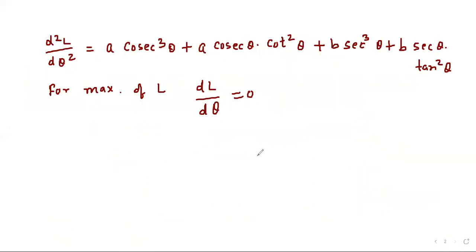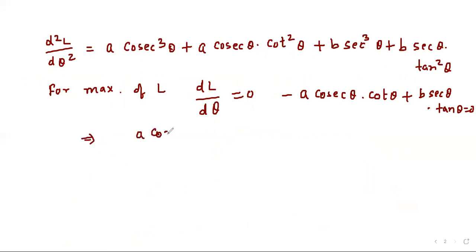So we put it equal to 0: minus A cosec theta times cot theta plus B sec theta times tan theta equal to 0. So we simplify it.